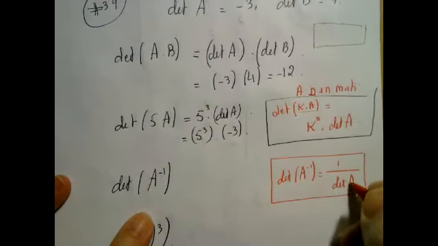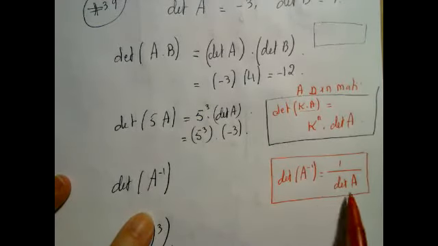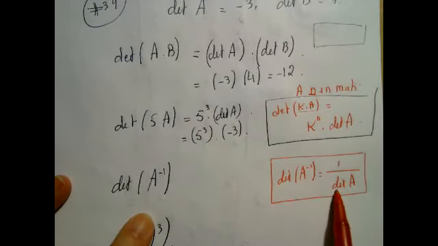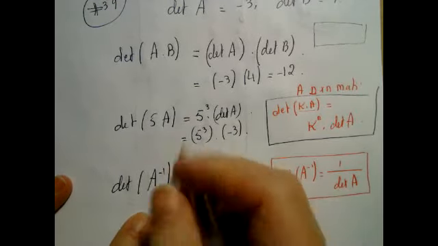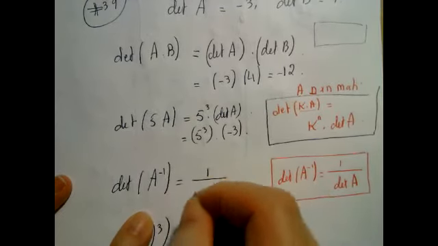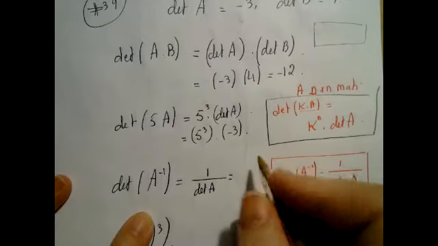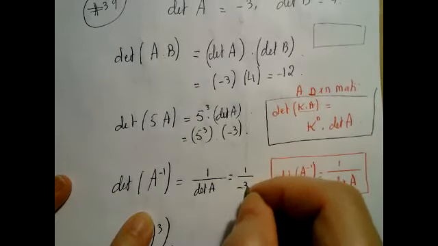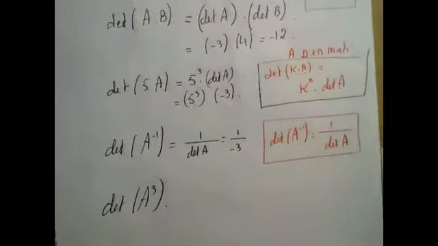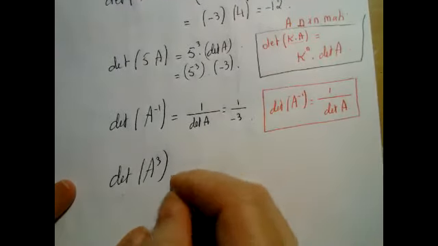So that's 1 over the determinant of A. Be careful, that's a number, not a matrix here. The determinant of A inverse is 1 over the determinant of A. The determinant of A is minus 3. So that's a quick review of the properties of determinants.